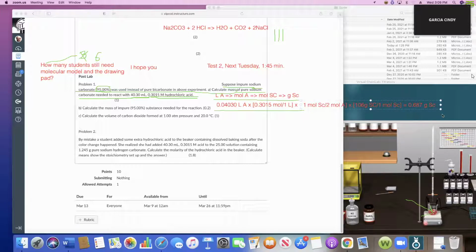I put 0.315 instead of 3015. Okay, you guys are good at calculating. No, we're not. I got 0.643, which will be 0.644. Okay, we'll go with that. 0.644 grams. Yeah, that's what I got.